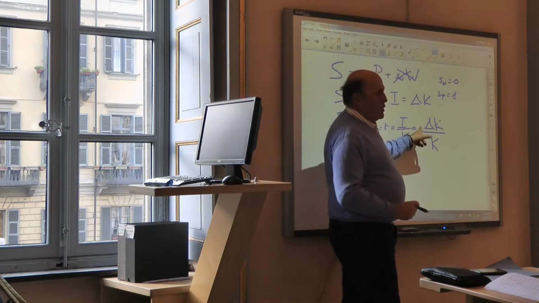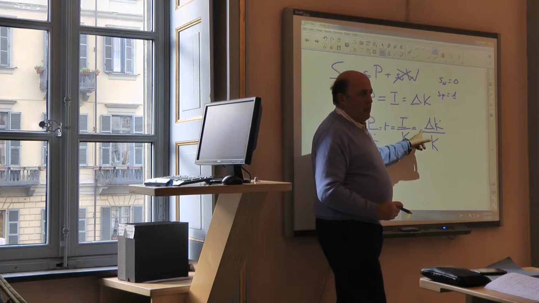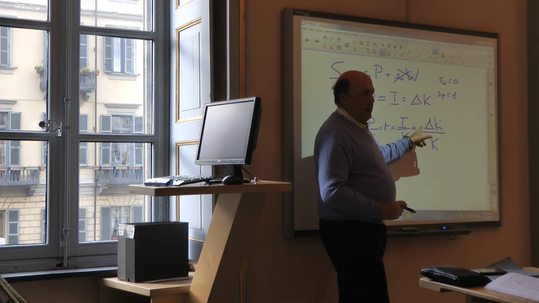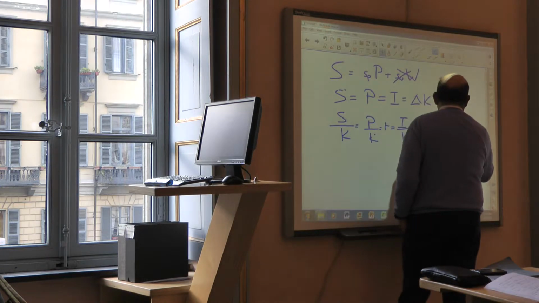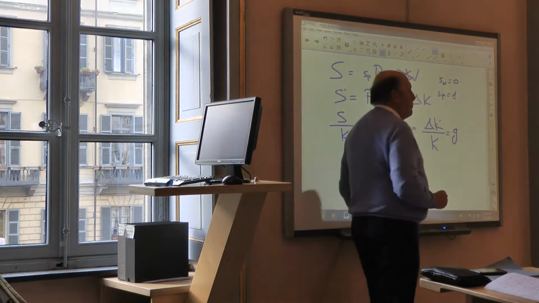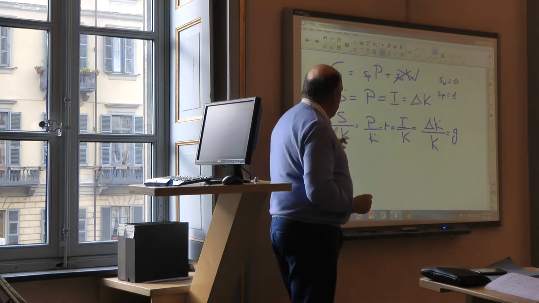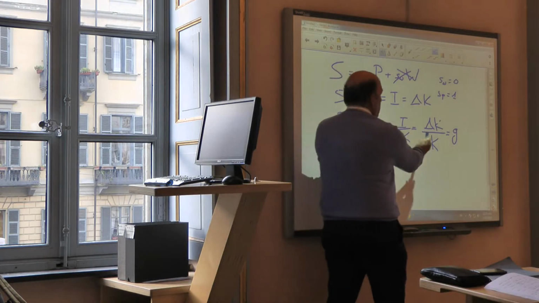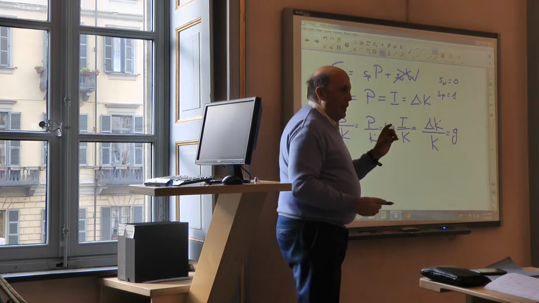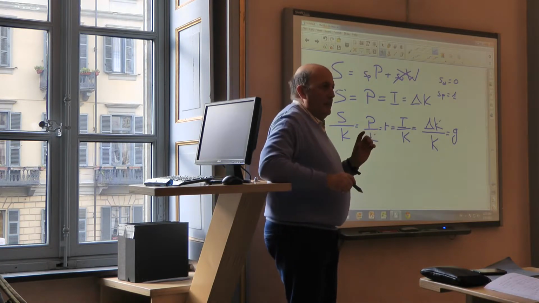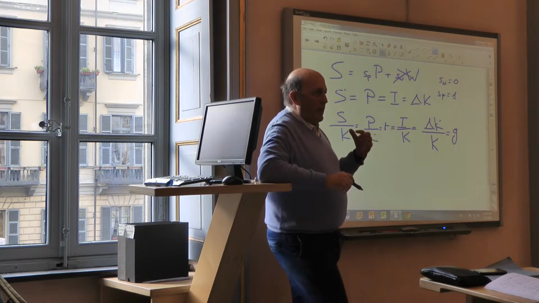This is by what percentage capital increases, right? Delta K is the increase in capital. And this is equal to g, the growth rate of capital in the economy. So you can see the rate of profit is equal to the growth rate. Do you understand? The rate of profit comes out to be equal to the growth rate.